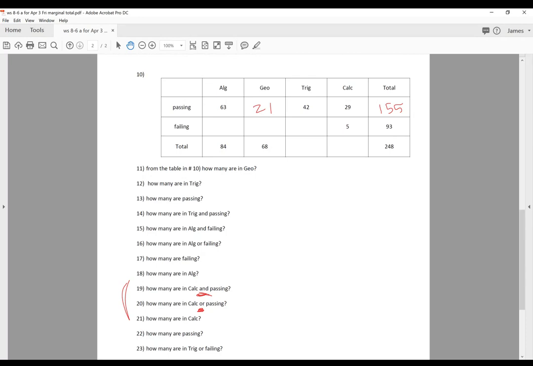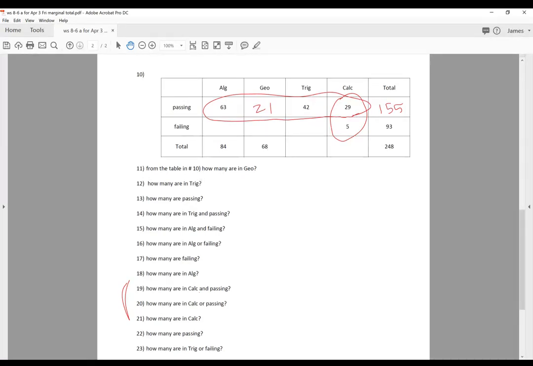So anyway, if you're looking for someone who's in calculus class and passing, these are the two groups who are in calculus class. There are 29 and 5 people. Now, which one is in calculus and passing at the same time? This group only, 29 people. So it's like where the two conditions overlap.